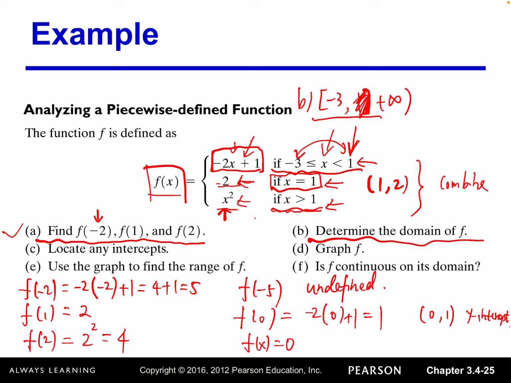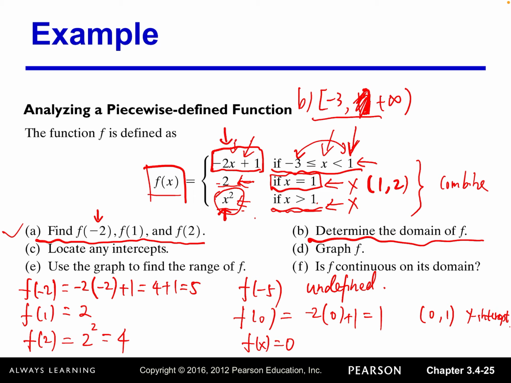In the third subfunction, the square function, when x is greater than 1, x squared must also be greater than 1, right? So it cannot be 0. For these two subfunctions, we cannot find an x-intercept, and only in the first subfunction can we find the x-intercept.